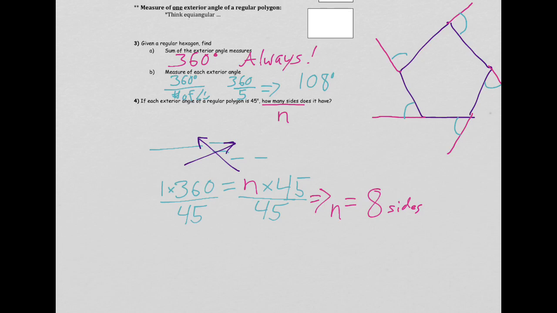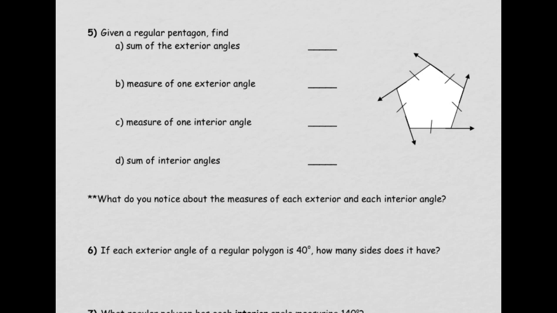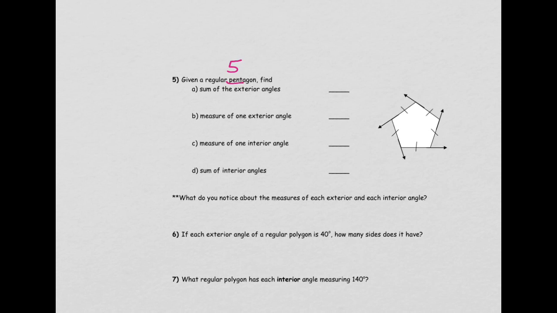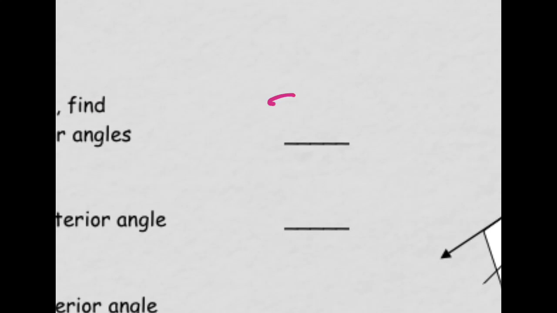All right, let's look at the second page. Number 5 says, given a regular pentagon, penta, remember penta means 5, find the sum of exterior angles. Well, remember, it doesn't matter how many sides you have for your polygon. If you're talking about exterior angles, we are talking about 360.